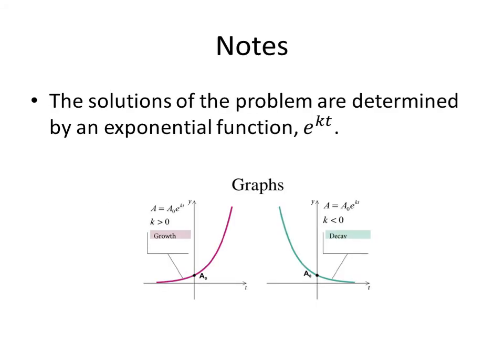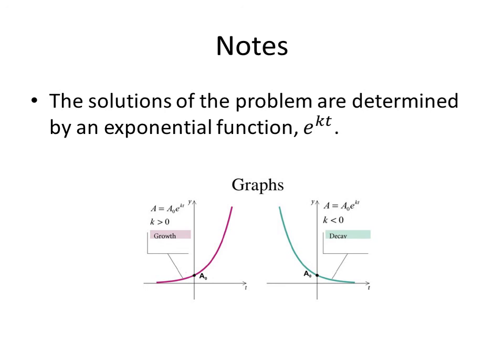From the given example, the solution of the problem is determined by an exponential function e to the power of kt. This exponential function increases as t increases for k greater than 0. However, the exponential function decreases as t increases for k less than 0.